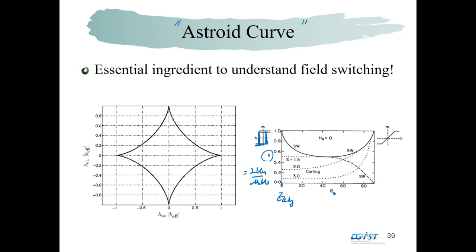Okay. And then the switching field decreases by changing the angle, and then increases again. This is the curve, and the switching field along the axis is the same as 1.